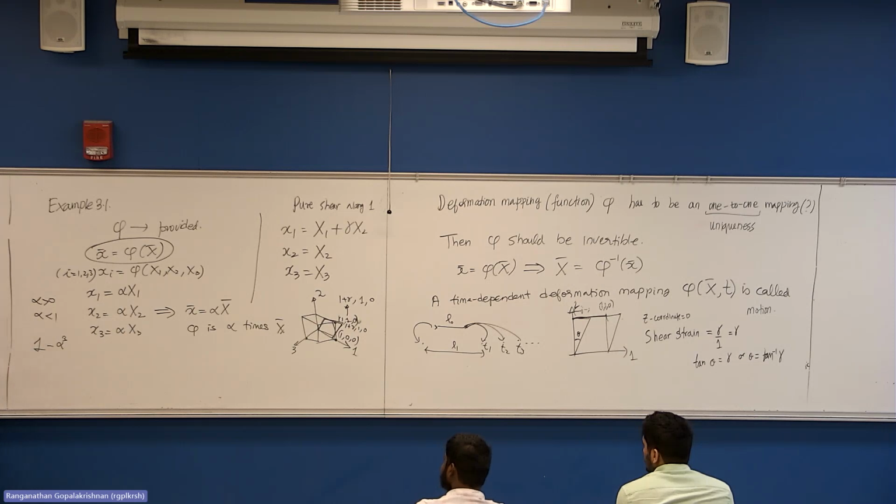What is the change in surface area here? Initial surface area is 6, final surface area is 6 alpha squared, so 6 times (1 minus alpha squared). Not that it's relevant for a cube. What is the change in length of this cube? Initial length is 1 for each side, and the final length is alpha.